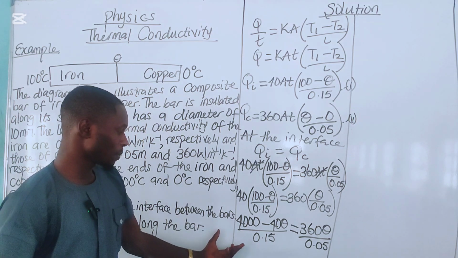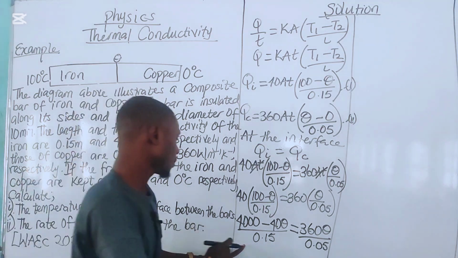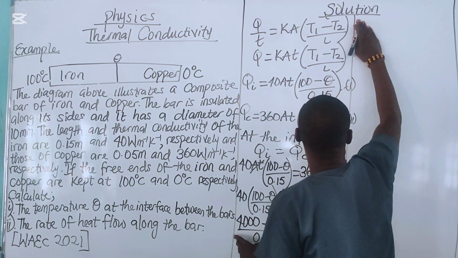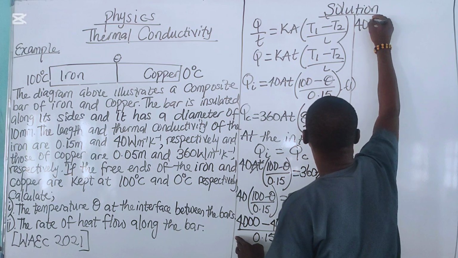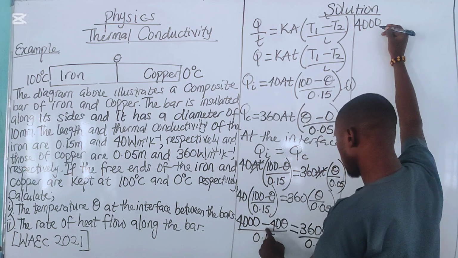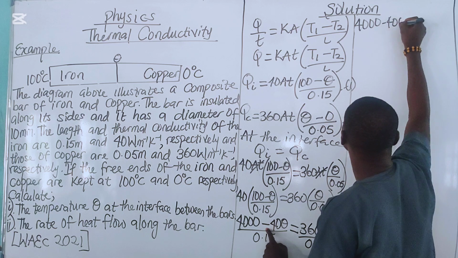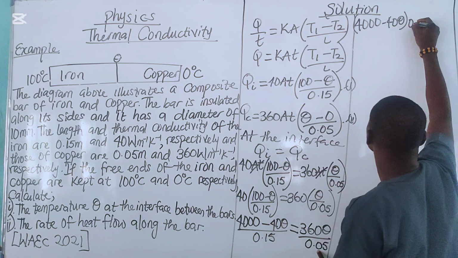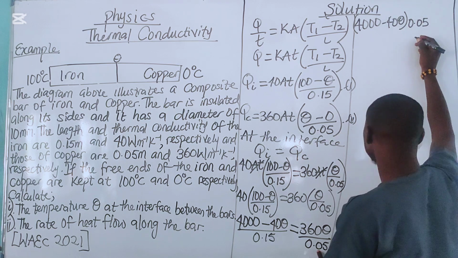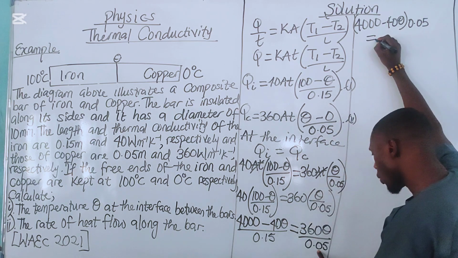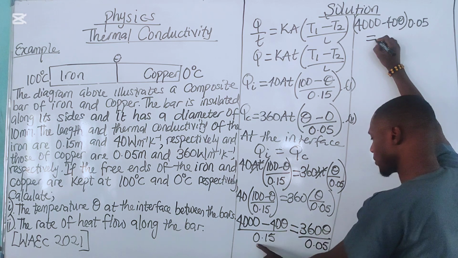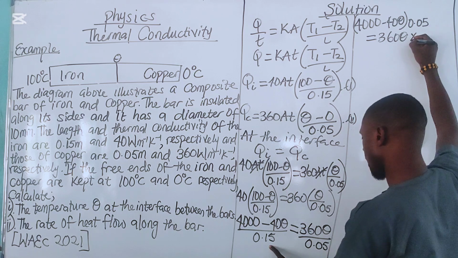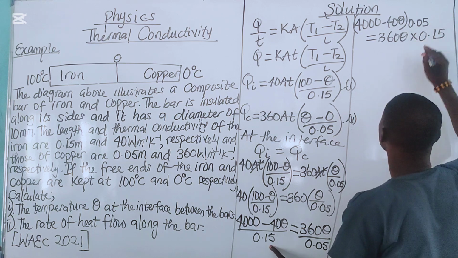At this point, we cross multiply in order to find the value of theta. So we have 4,000 minus 40 theta, multiplied by 0.05, equal to 360 theta times 0.15.